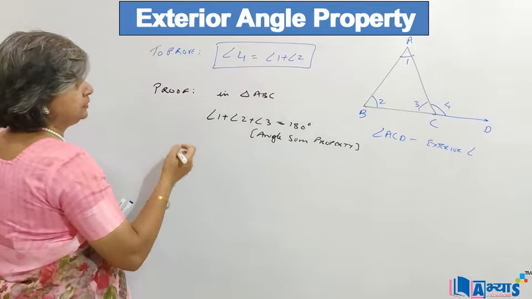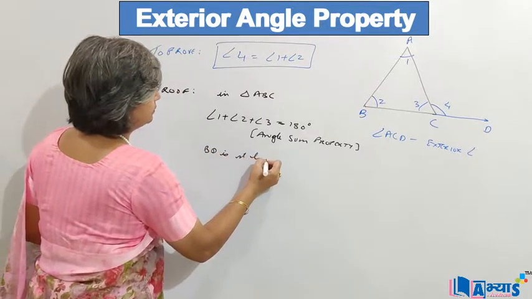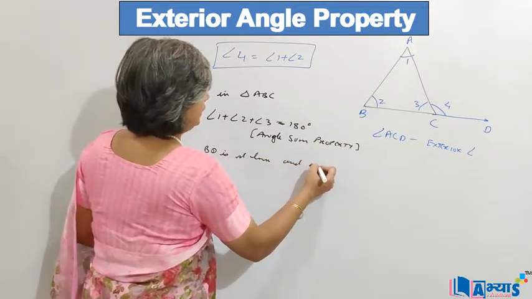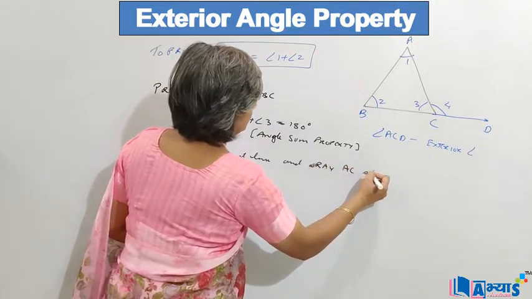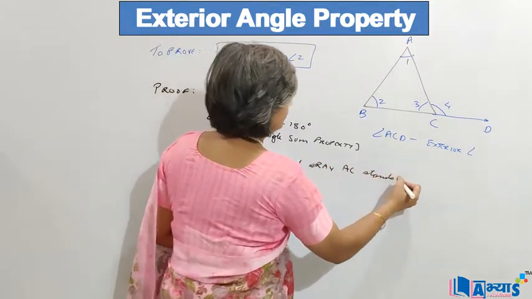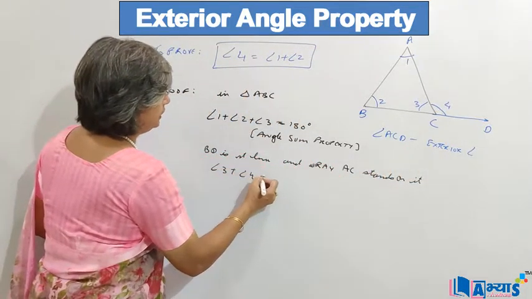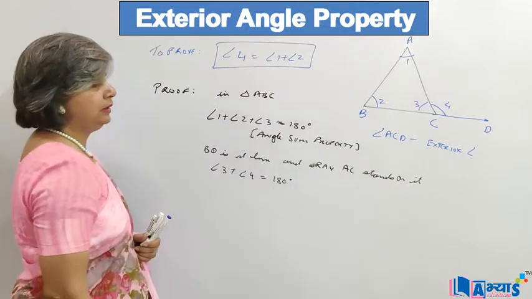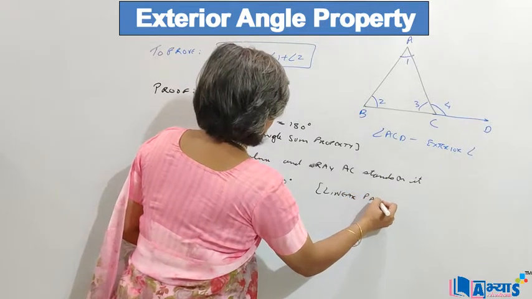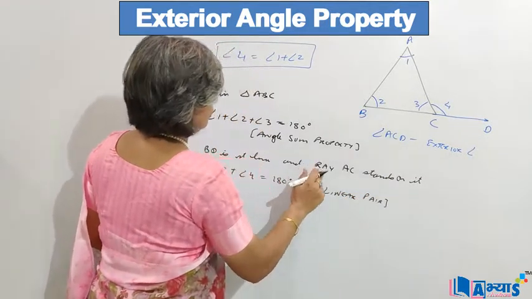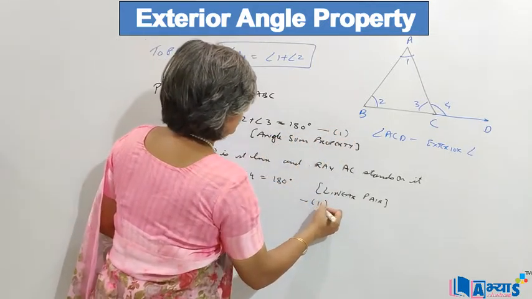Similarly, if BD is a straight line and a ray AC stands on it, we can say that angle 3 plus angle 4 is equal to 180 degrees, that is a linear pair. Let us mark this as equation 1 and this as equation 2.